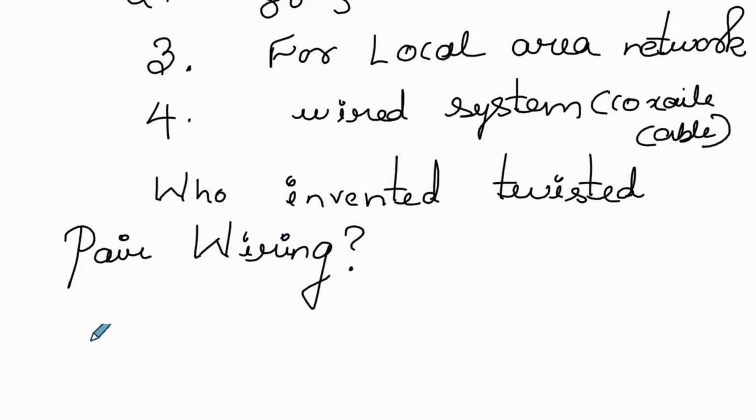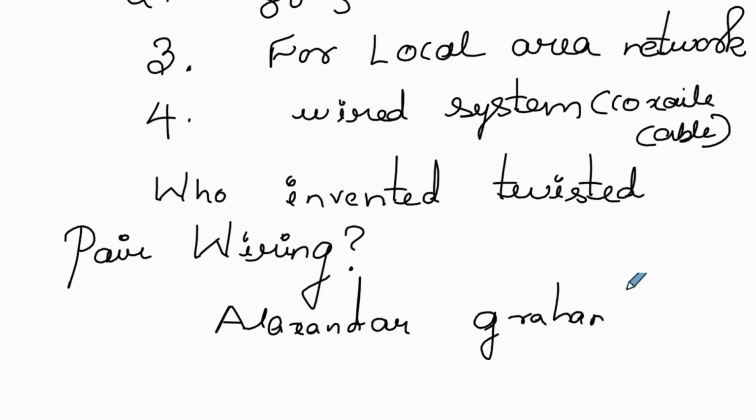Alexander Graham Bell invented this twisted pair wiring in 1881. So he is the one who invented the twisted pair wiring.